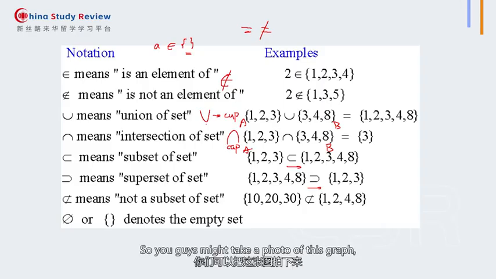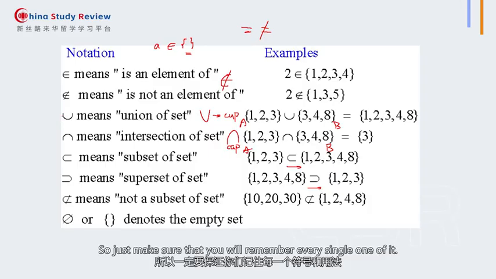You might take a screenshot of this graph, and then you have to memorize it because this is very important. If in future questions or exams you see a union and misunderstand it as intersection, you will get your whole answer wrong. So make sure that we remember every single one of them.